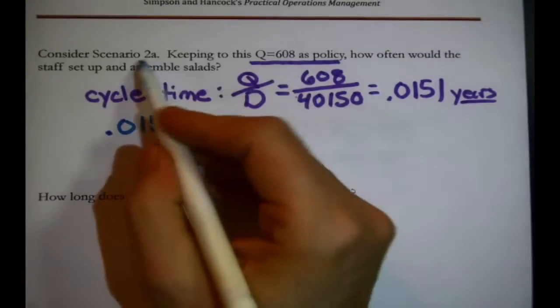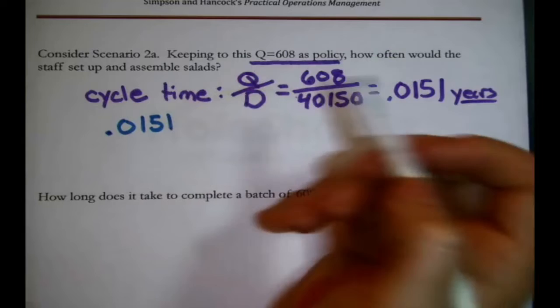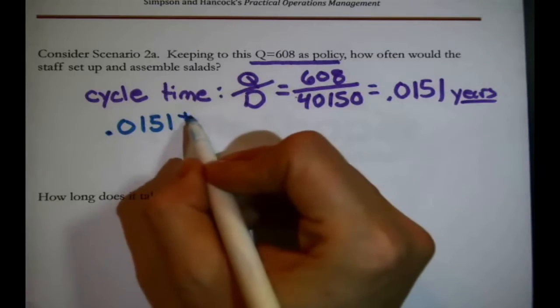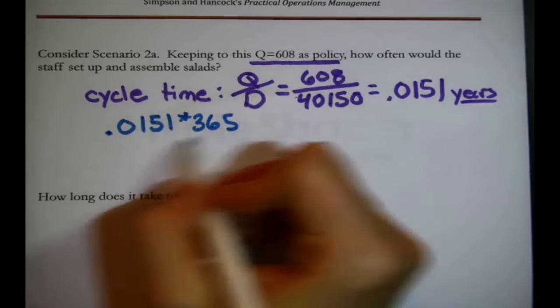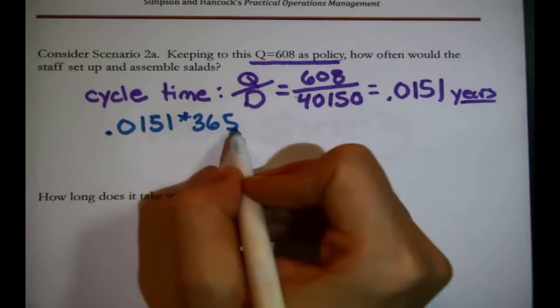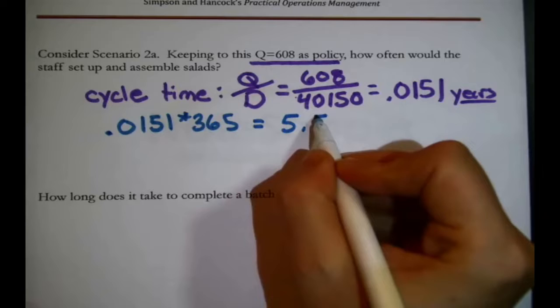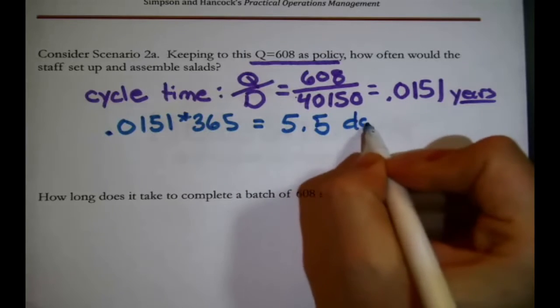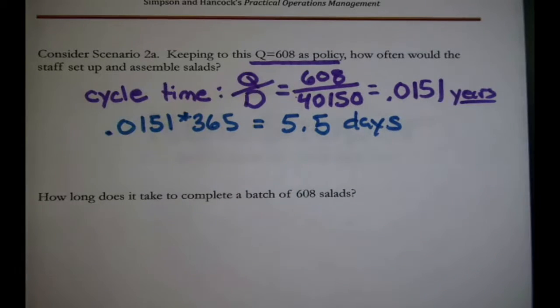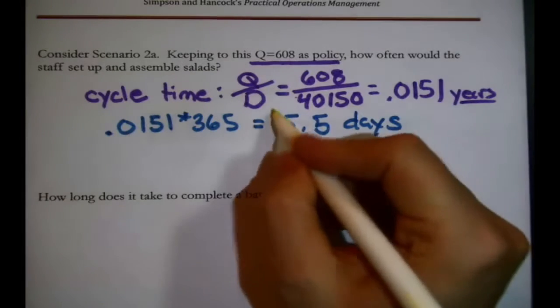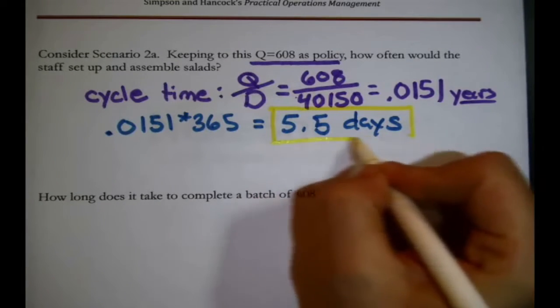You can convert that to virtually any other time unit you want. Here, they had mentioned in scenario 2A that Adventure Center was open 365 days a year. So this is the whole year, and multiplying by 365 would convert it to days, rounding to one decimal place.